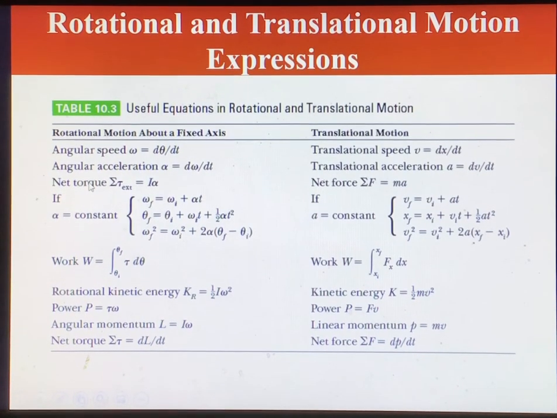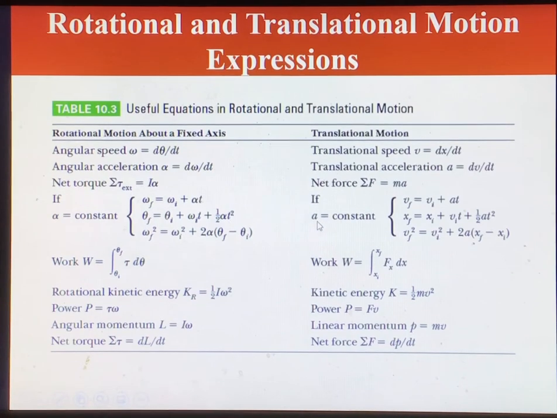Now Newton's law can be written as the sum of torque is equal to I times alpha, where I is the moment of inertia and alpha is the angular acceleration. For translational motion, this is written as the sum of forces equals mass times acceleration. And then we know that if the angular acceleration is constant, I can write down these motion equations right here.